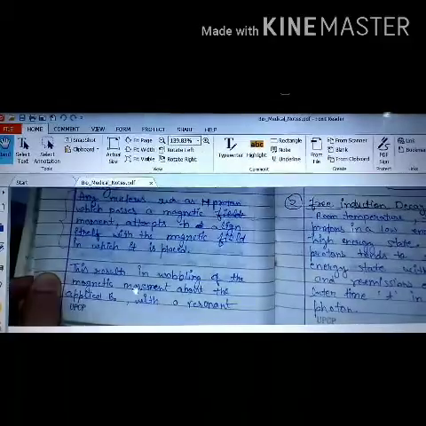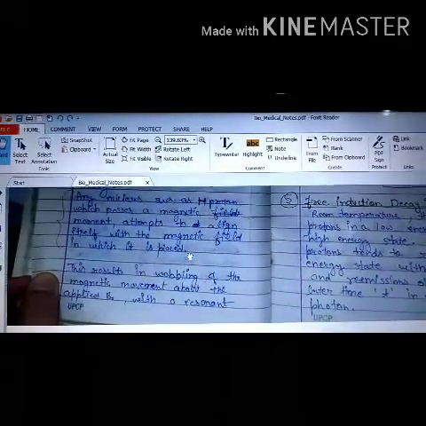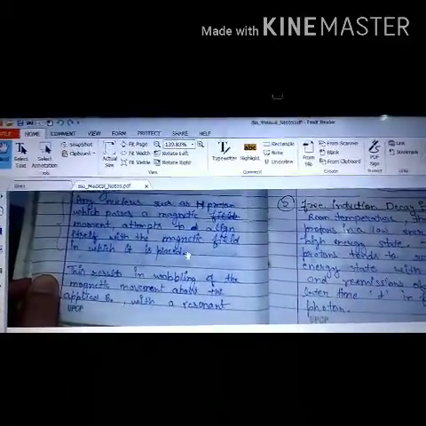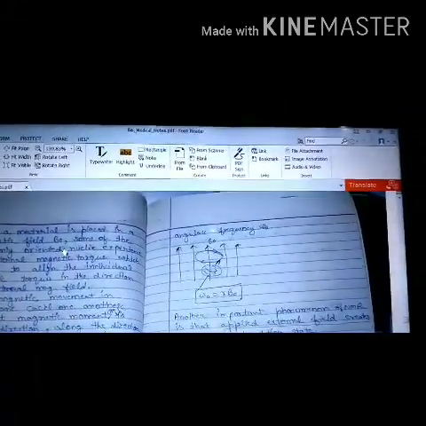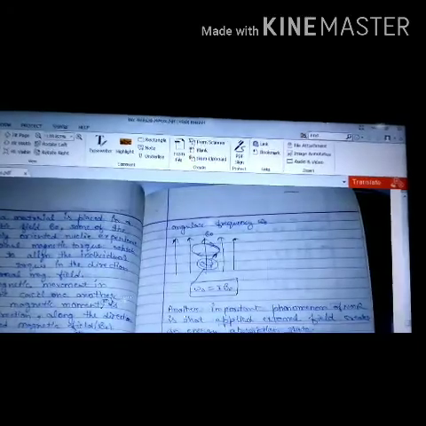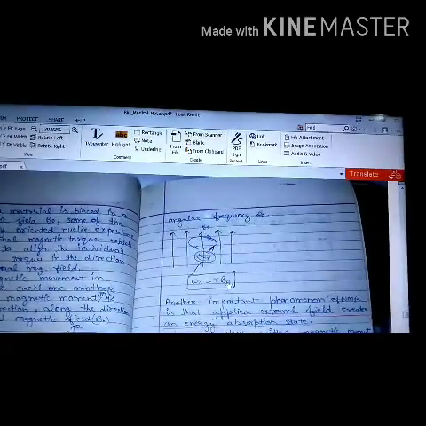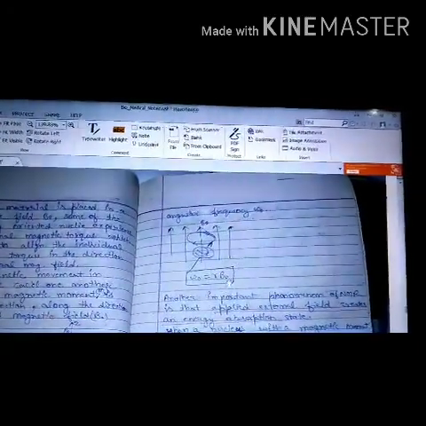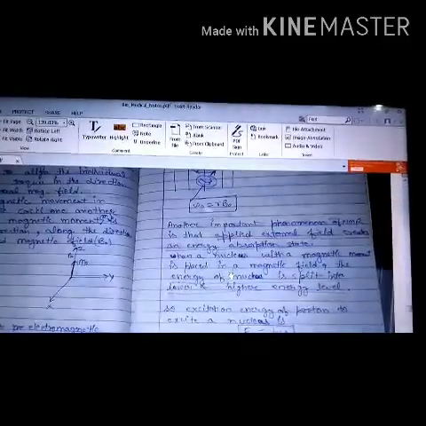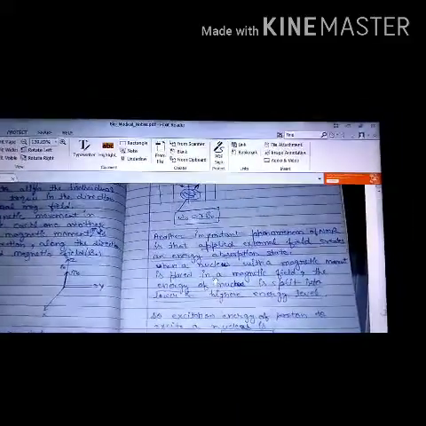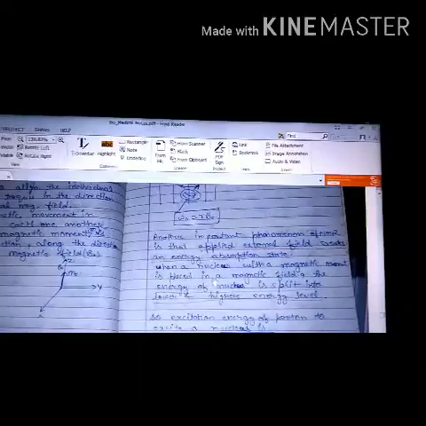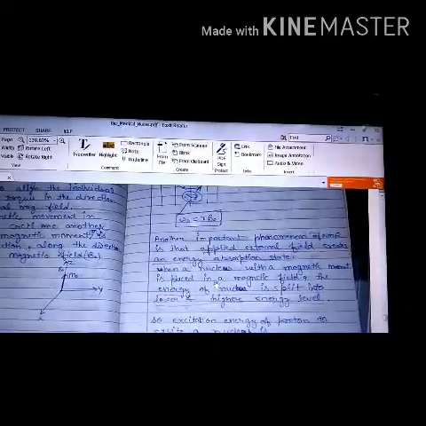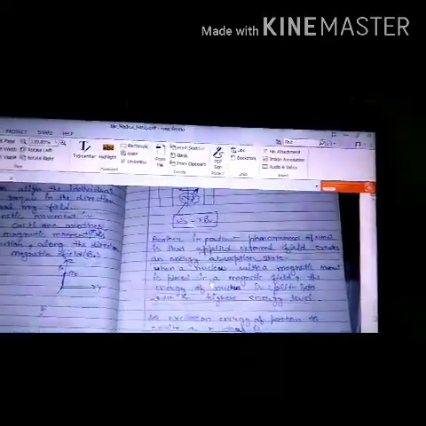Okay, this results in a wobbling movement about the applied B0, at the resonant angular frequency. Okay, and the angular frequency omega naught will be gamma times B0, so it depends upon the magnetic field. Now another important phenomenon which is observed is that the applied external field creates an energy absorption state, that is, some energy is absorbed.